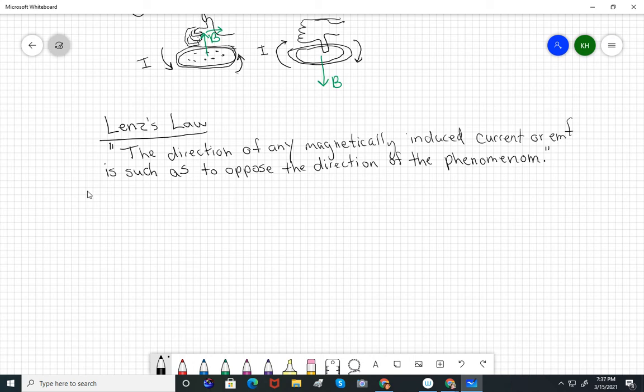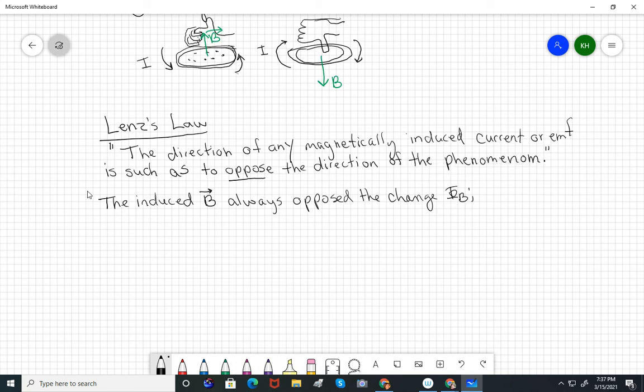Lenz's law says the induced current will always, and the opposition part is important, oppose the change in flux. That's really what it means. The induced magnetic field, because remember, if you induce a current, you're going to induce a magnetic field, always opposes the change in the magnetic flux.